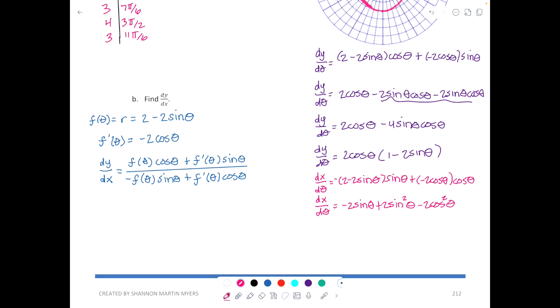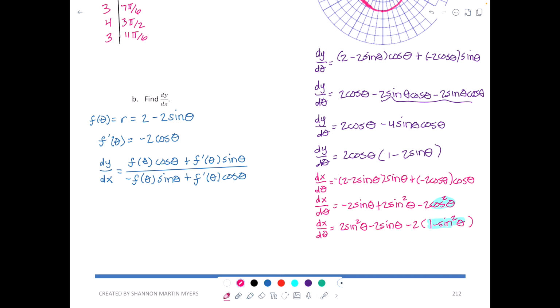So I have a lot of sines here, so I'm going to get that cosine theta term into sines. So we'll have 2 sine squared theta minus 2 sine theta, and then changing that to negative 2 cosine squared theta, I'll have minus 2 times 1 minus sine squared theta.